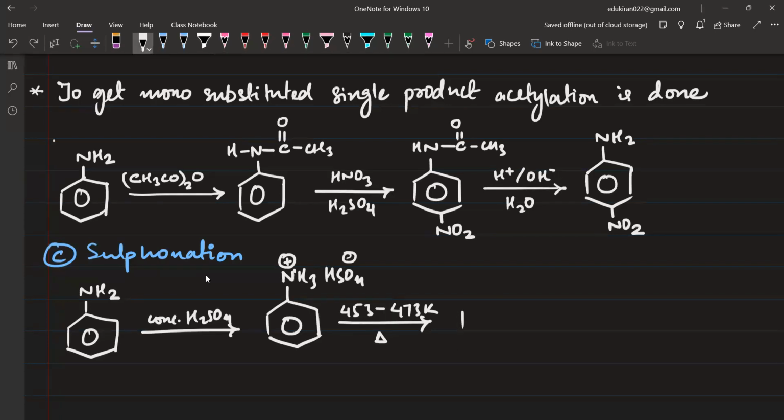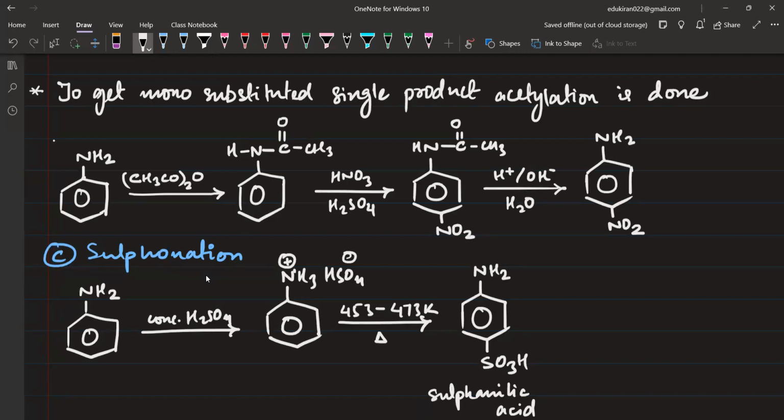You'll have the benzene ring with NH2 as it is, and here you will have SO3H. Now this is sulfanilic acid. The hydrogen of SO3H is acidic hydrogen.